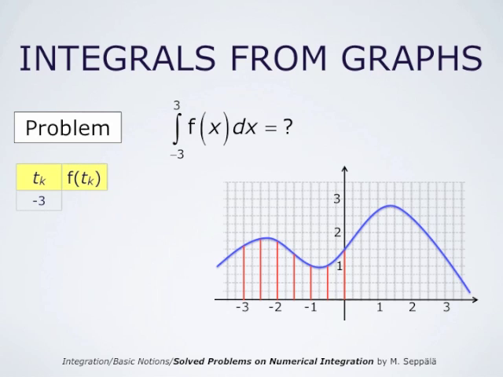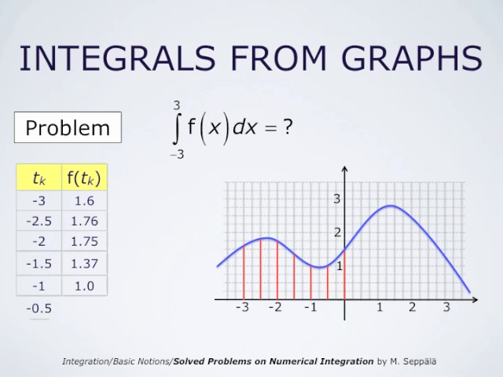At -3 it is about 1.6, at -2.5 it's about 1.76, at -2 it is 1.75, at -1.5 it is 1.37, at -1 it's 1, at -0.5 it is also 1 approximately, and at 0 it is approximately 1.5.